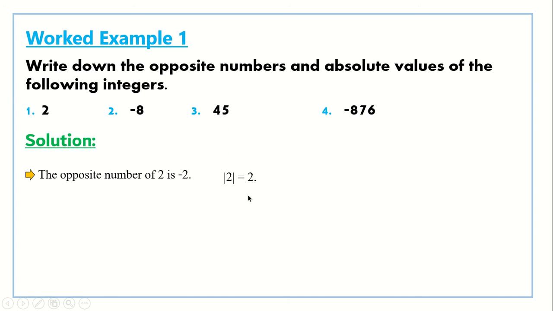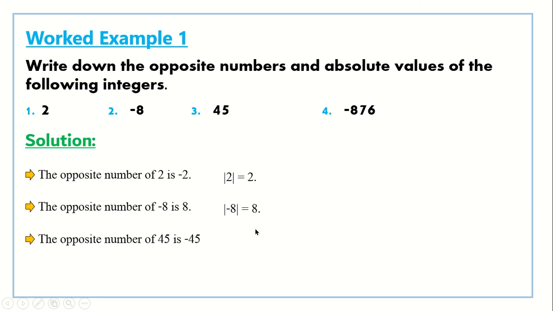Okay, next. The opposite number of -8 is 8, and the absolute value of -8 is 8. The opposite number of 45 is -45, and the absolute value of 45 is 45.